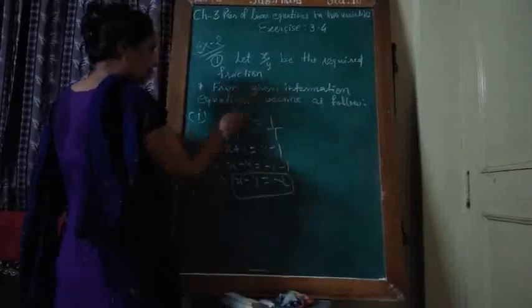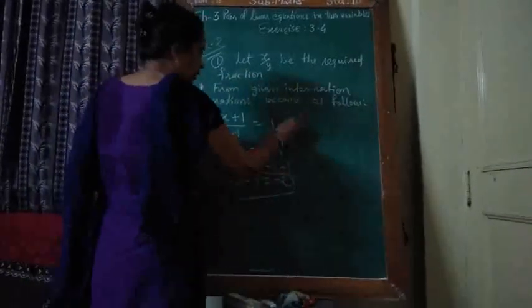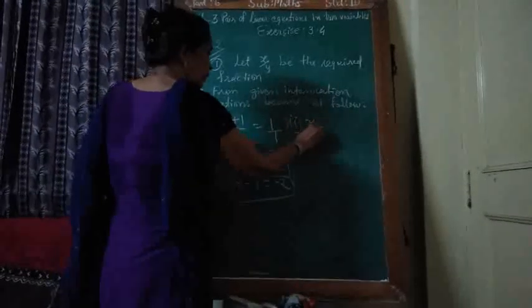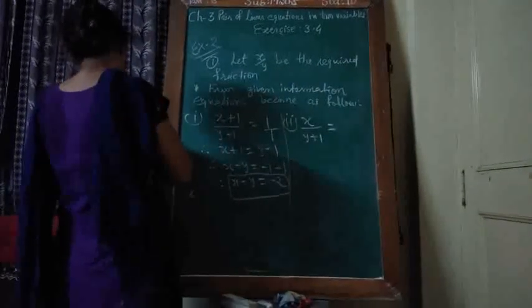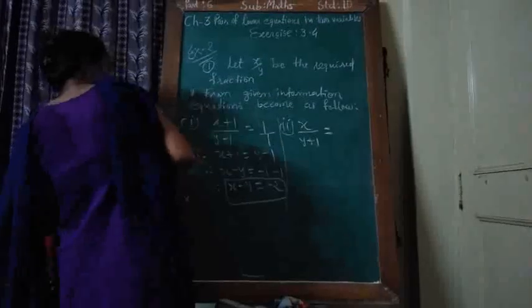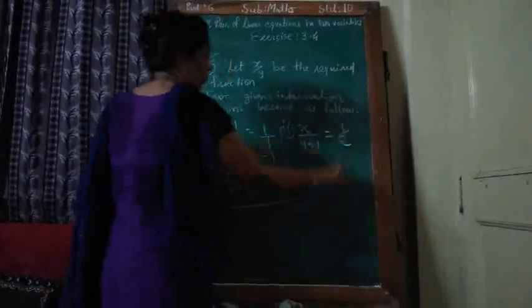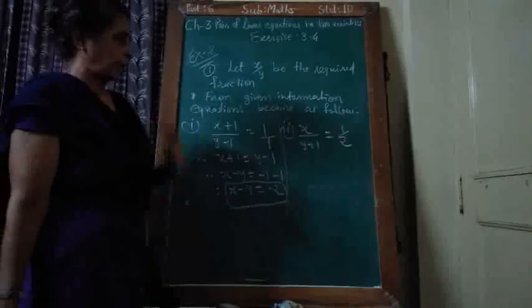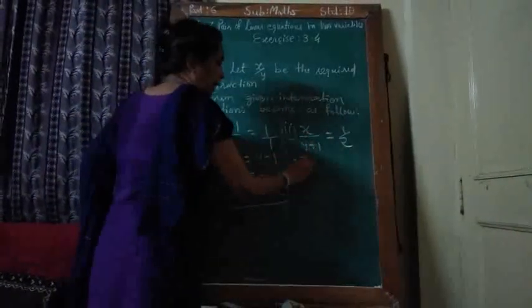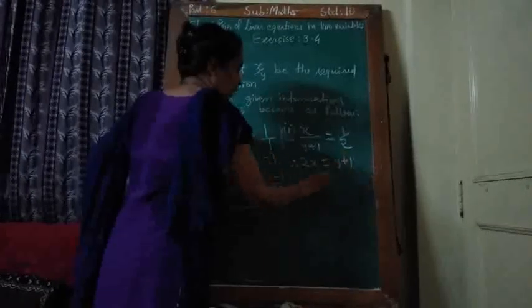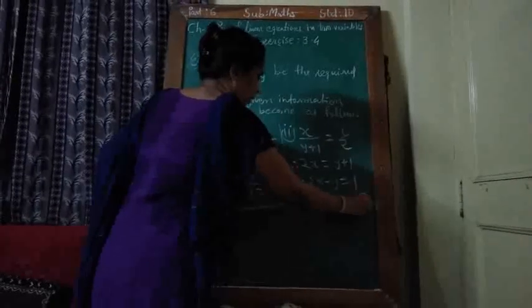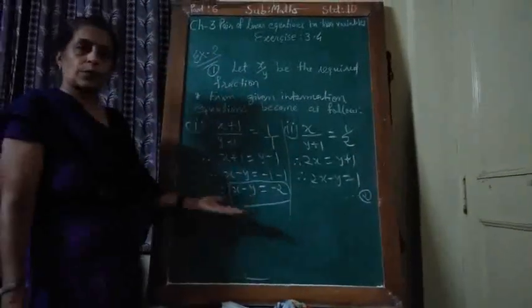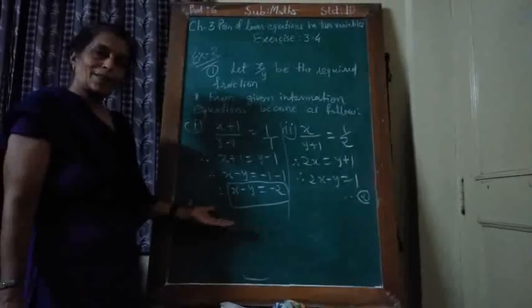So if we add 1 in the denominator, the value of the fraction is 1 upon 2. From that, 2x is equal to y plus 1, and therefore 2x minus y is equal to 1. This is the second equation. So I formed two equations and you have to solve them by the elimination method.